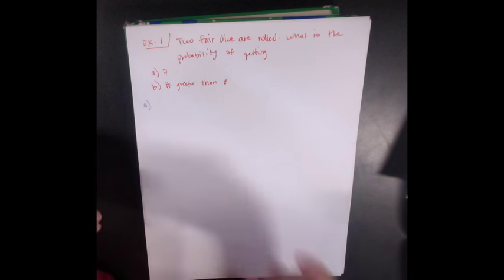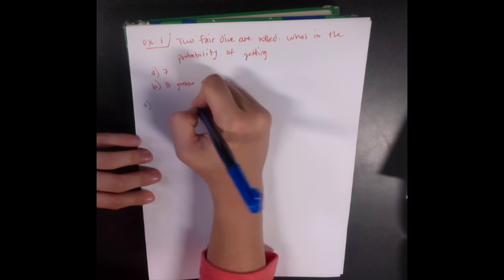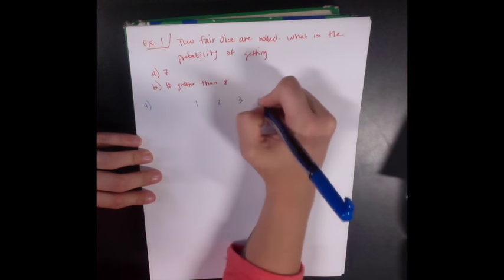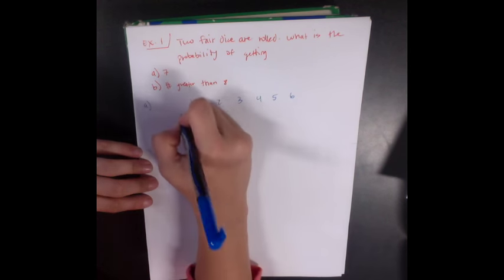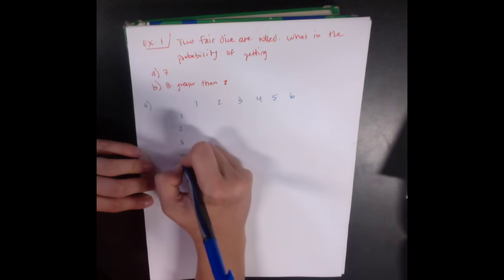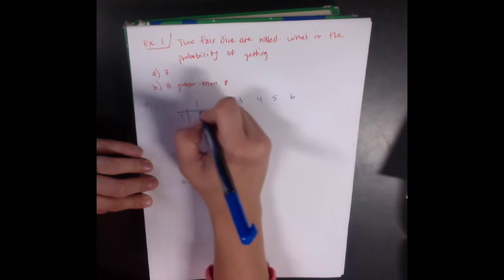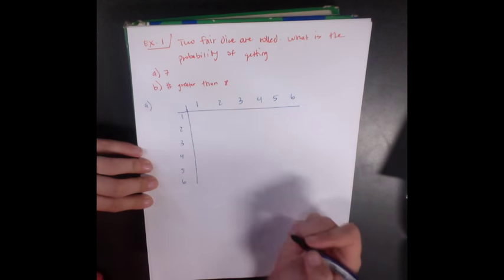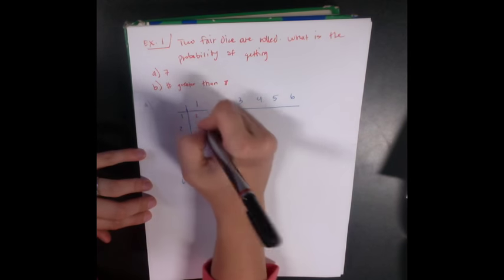Now, we have this big chart that we can create, which is very helpful. This is my first die: 1, 2, 3, 4, 5, 6. This is my second one. We only have 6 possible numbers, and if I roll a 1 and a 1, I get a 2.